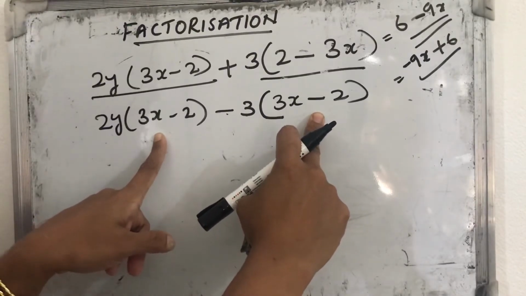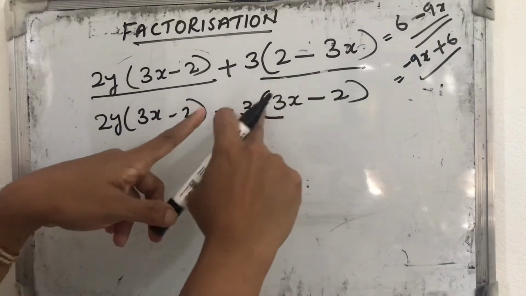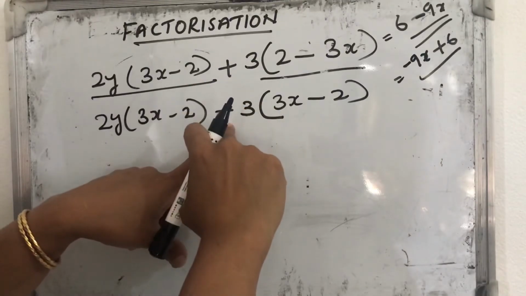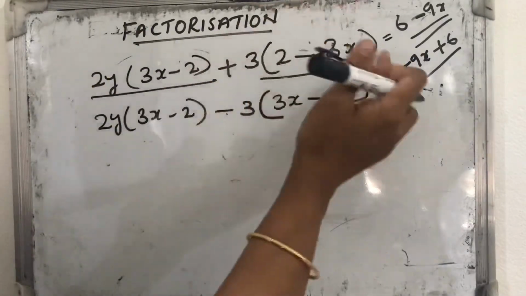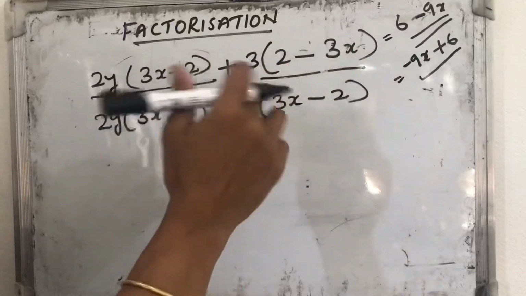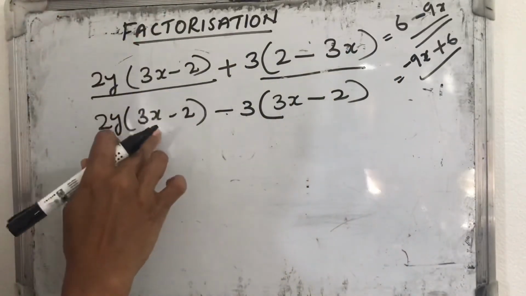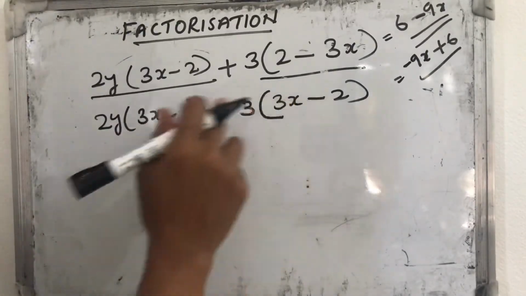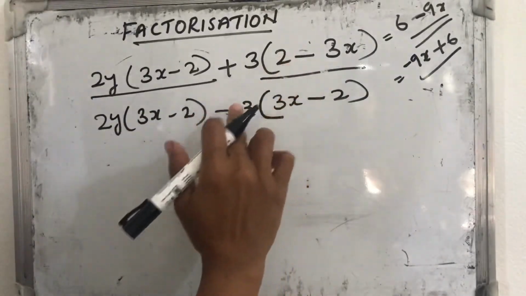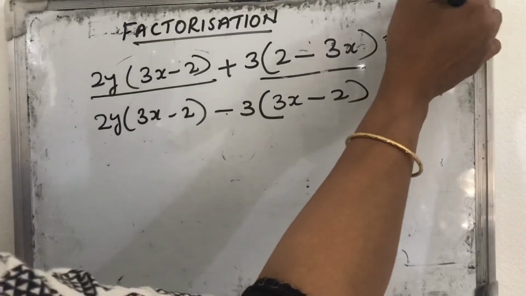minus 2 in both the terms. For that we only change this sign and change the order of the terms, for getting 3x minus 2 as common in both. There is no change after doing this; we get the same answer.